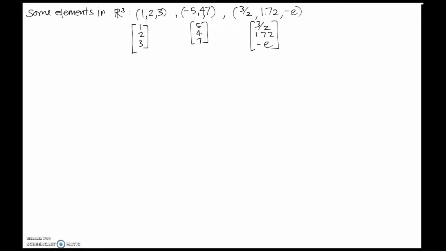Just like that, we could also have R4 with 4 elements, or R5, R6, R7. And so we can really have any Rn, where it's the set of all ordered lists with n elements of real numbers. A set is just a group of objects.